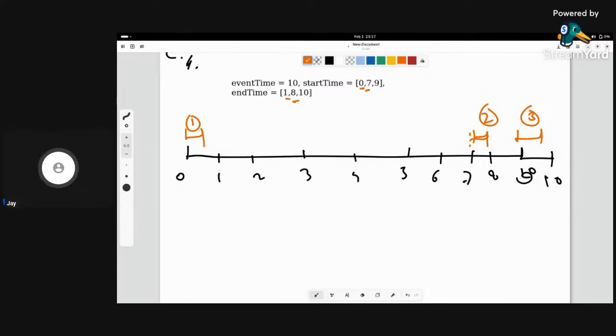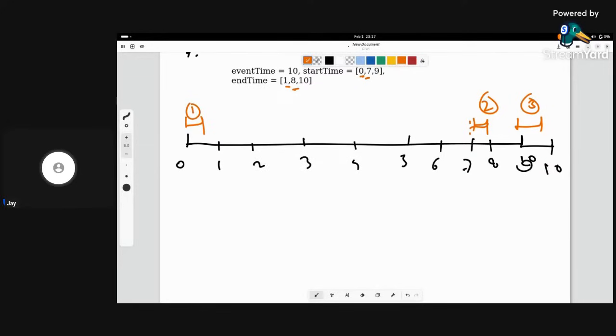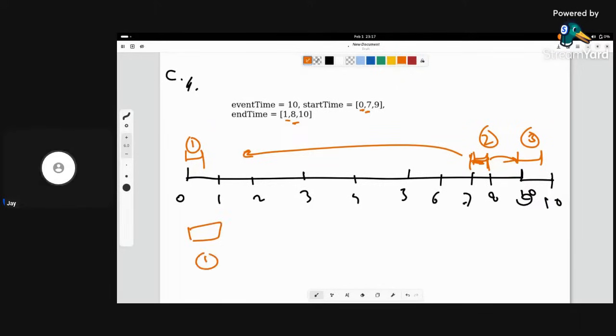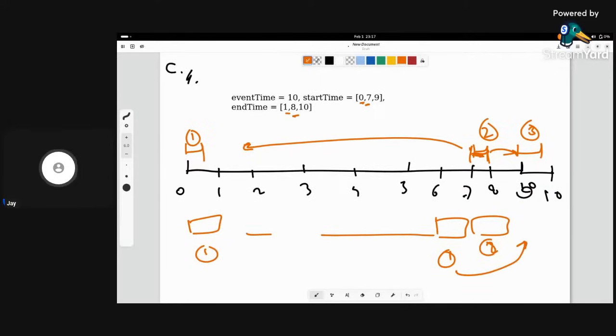What you could do now in this case, up to this point, you only had one choice. If you wanted to move meeting 2, you could move it to here or move it to here. If you wanted to move meeting 1, you could only move it up to this point, but you couldn't cross meeting 2.